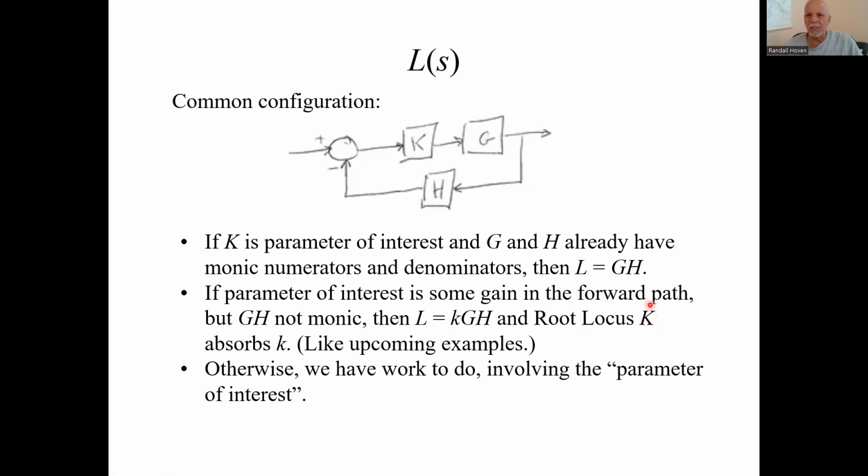The root locus K will just have to absorb that constant. You'll see this second bullet in the next couple of charts. If that's not true, if the parameter of interest is not just some gain in the forward path, then we've got work to do, and I'm saving that for another video.